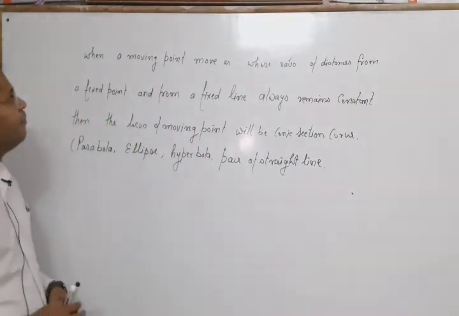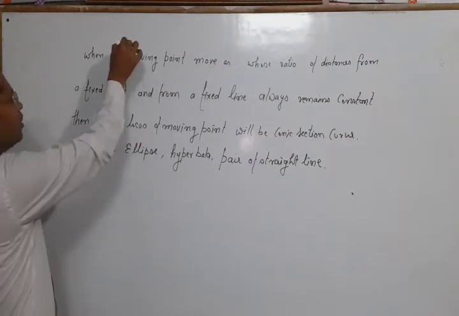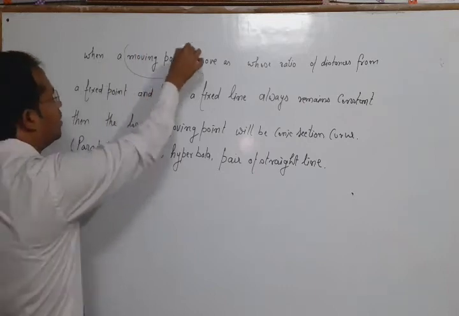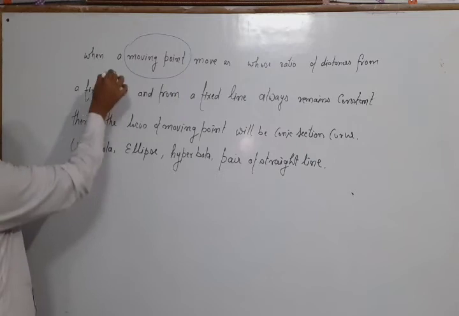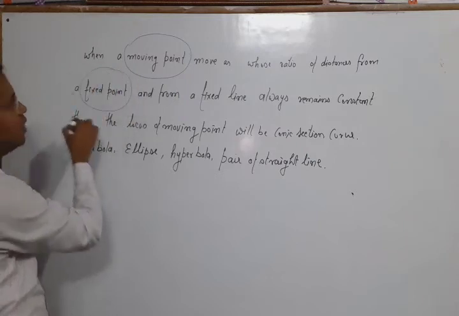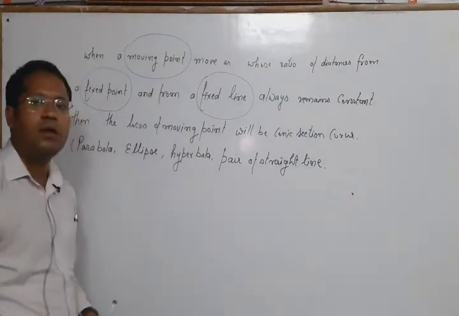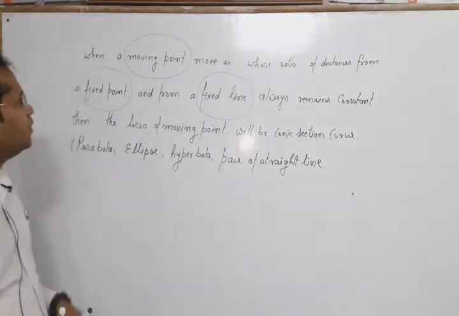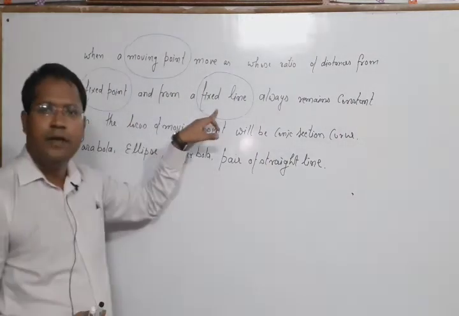You can see that here we are talking about 3 points: moving point, fixed point, and fixed line. In the definition we used 3 points: moving point, fixed point, and fixed line.